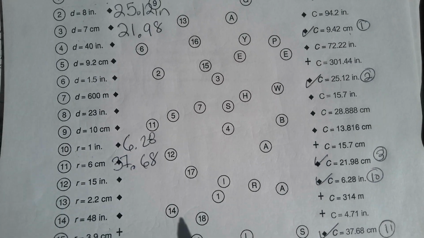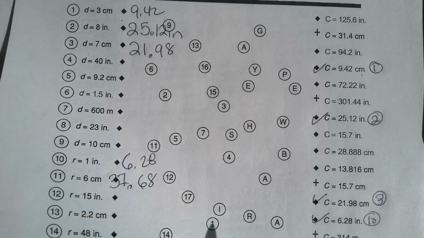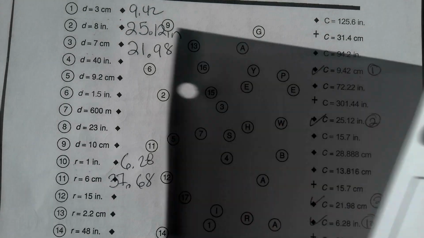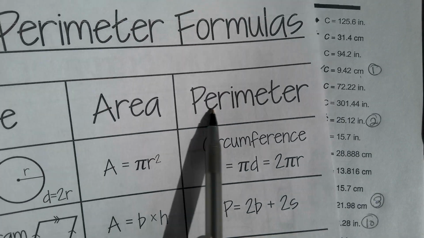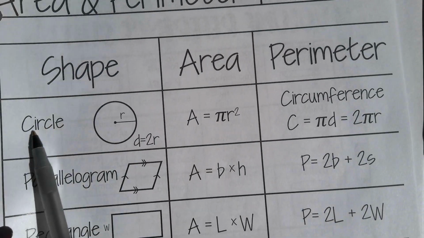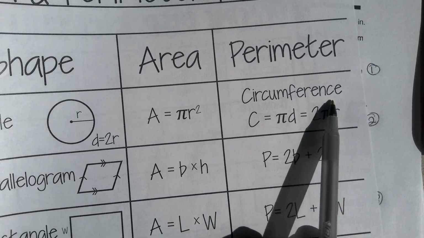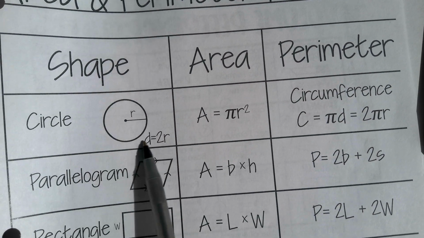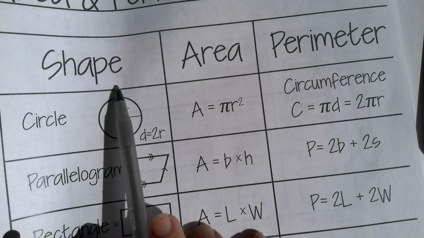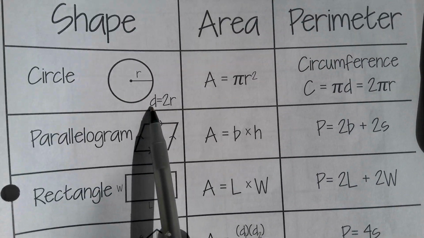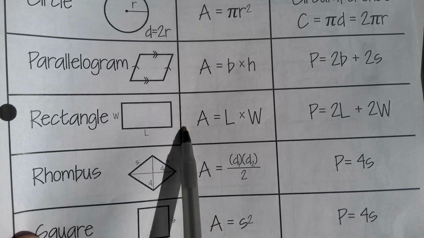We're going to be focusing on circumference, and circumference is the perimeter of a what? What is circumference? The perimeter of a circle. It's the distance around. So perimeter is the distance around all of these.